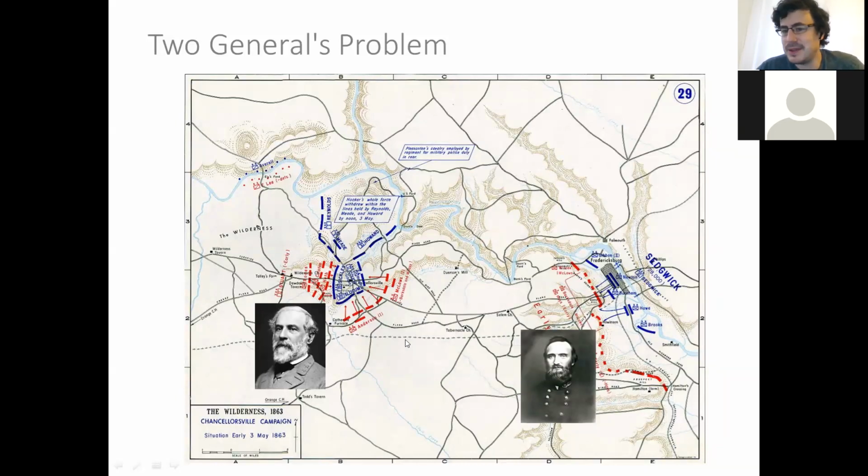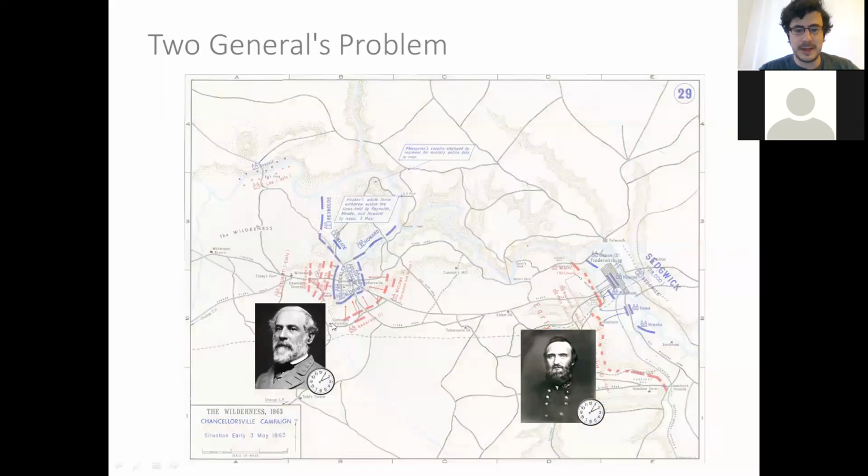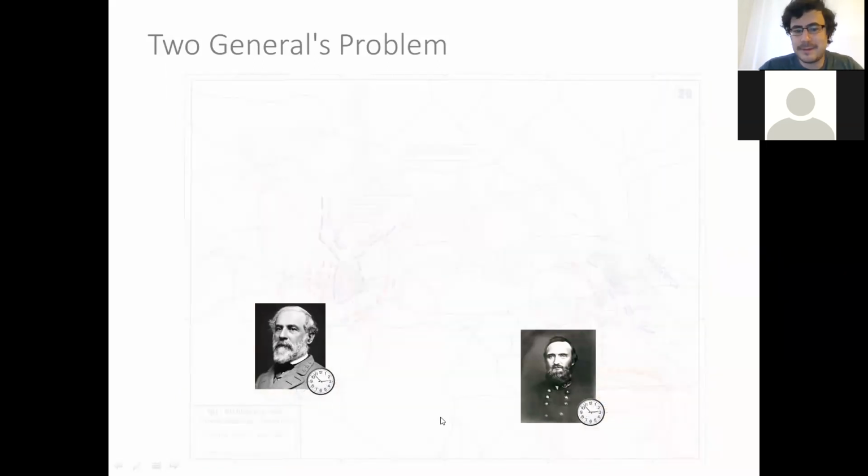Obviously, we send messengers from one side to the other. We'll assume that this general here is the leader, and even choosing who is the leader is quite difficult, but in this case we can simplify and say we have a leader here who's going to propose a time. Again, they have clocks, but first of all, they have slightly different times. Depending on how much tolerance there is for attacking at the same time, this is already a complication.